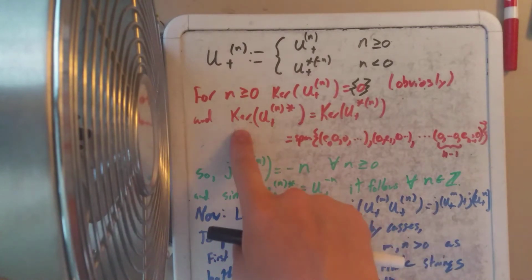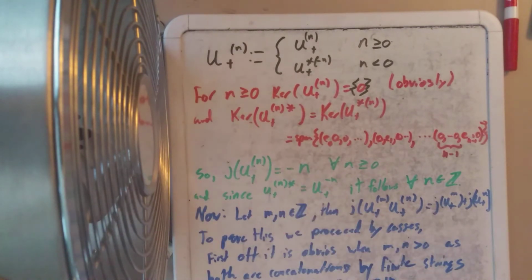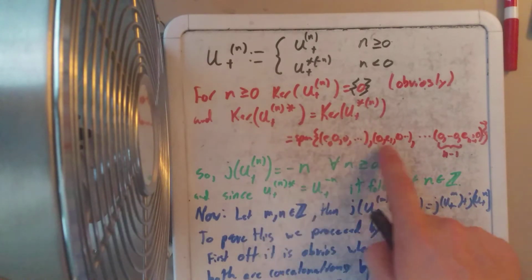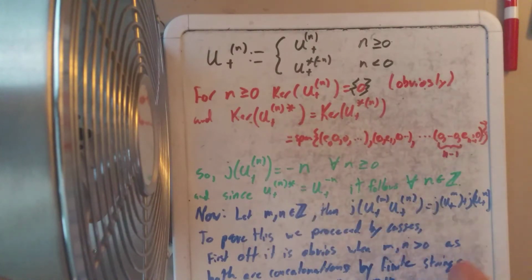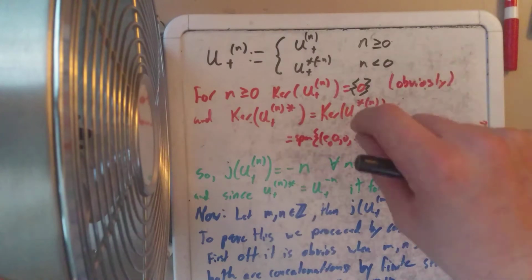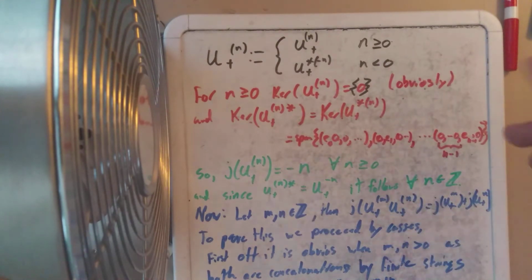And again, with the dual, we have the truncation of the first so many terms. So if my first n terms are non-zero, but everything after that is 0, we're going to end up with a 0 sequence. So the kernel of this is going to be the span of these n vectors, where this one is only non-zero in the first place, this one is only non-zero in the second, and this one is only non-zero in the n-th.